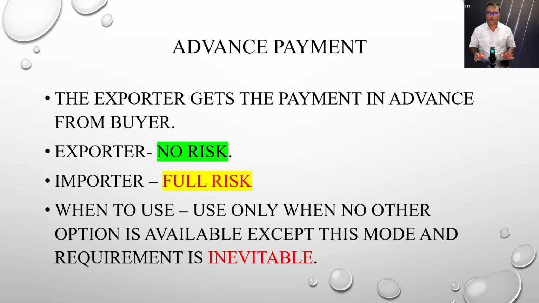Let's move on. Now I will explain one by one each payment method that I showed you in the previous slide. First, when we discuss advance payment, the exporter gets the payment in advance from the buyer. When two parties enter into a contract for purchasing goods and they are in different countries, they don't know each other.